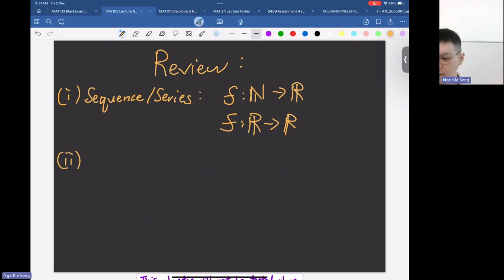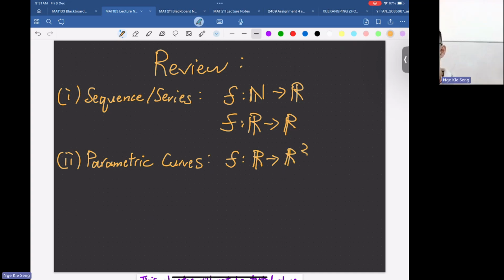And then after that, where do we go? We go to parametric curves. So what do we do with parametric curves? What kind of object do we work with? Functions from R to R2 or functions from R to R3.